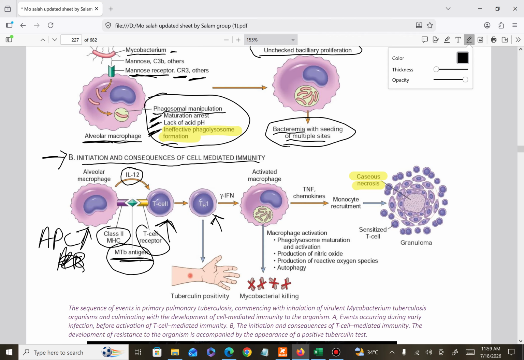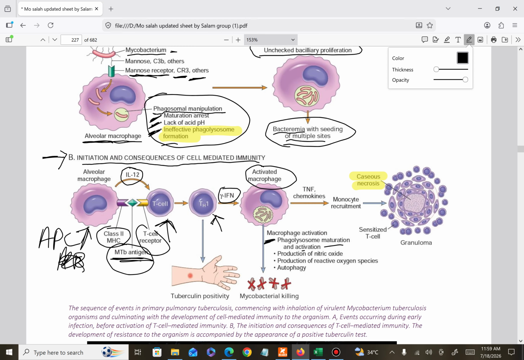Then the T helper 1 cells secrete interferon gamma, which causes the activation of the macrophages, and by activation of macrophages, it causes phagolysosome maturation.